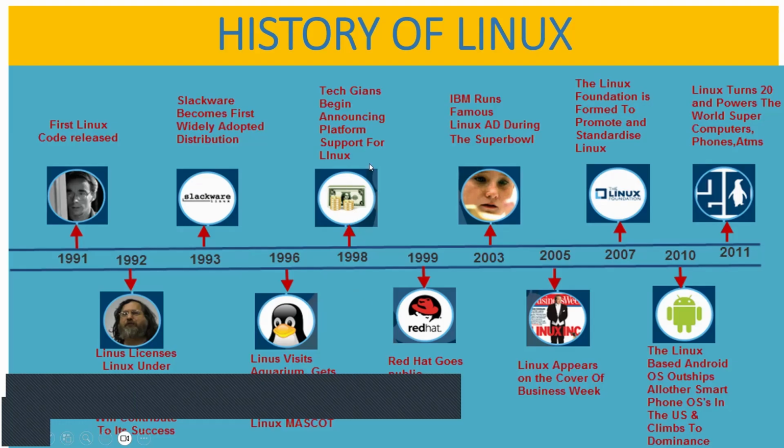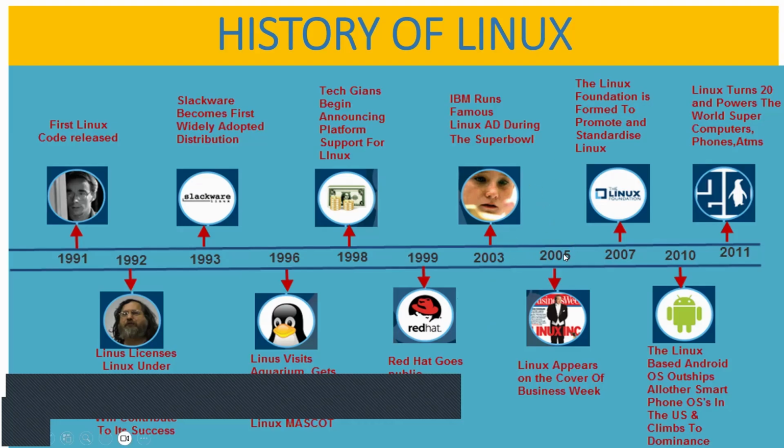In 1998, major technology companies began supporting Linux, recognizing its potential as a reliable and cost-effective platform. In 1999, Red Hat went public, further boosting the commercial adoption of Linux. In 2003, IBM promoted Linux on a large scale, even featuring it in major advertisements, which increased its visibility worldwide.